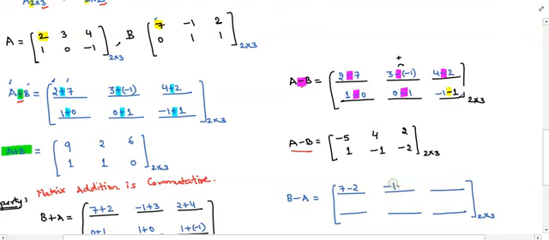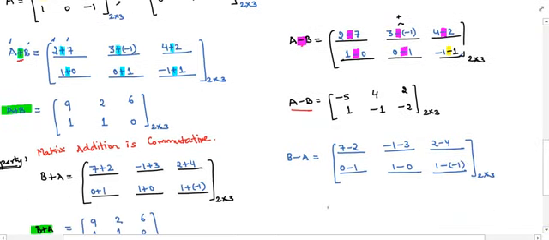Similarly, minus 1 minus 3. 2 minus 4. 0 minus 1. 1 minus 0. 1 minus of minus 1. So this gives you 7 minus 2 gives you 5. This gives you minus 1. Minus 4, 1, minus 2 and 2. So this is your matrix B minus A.